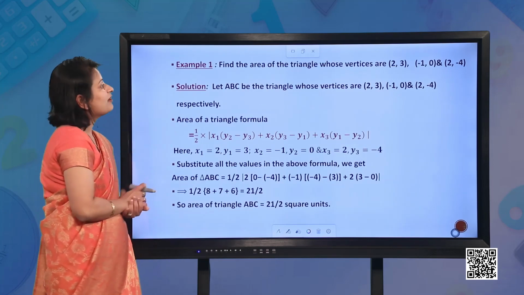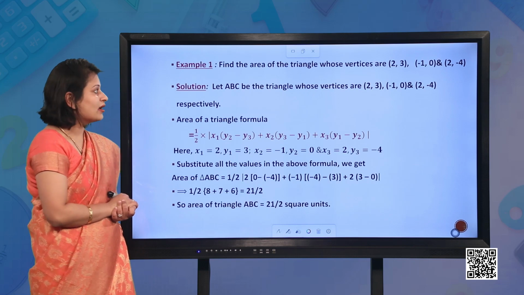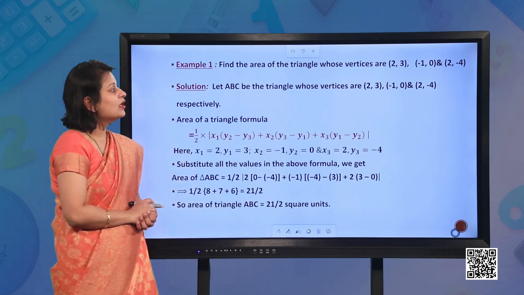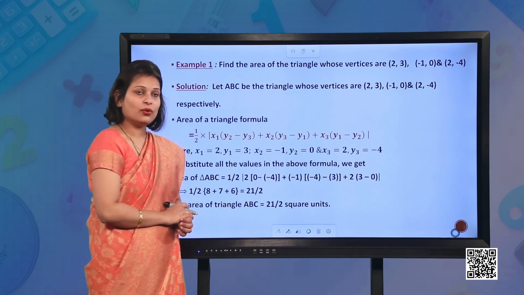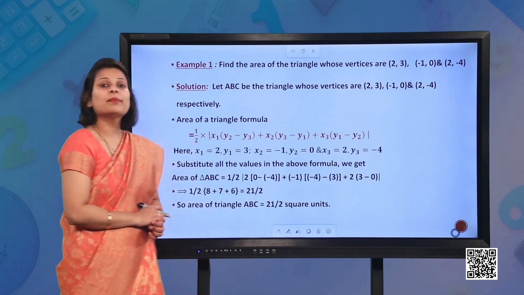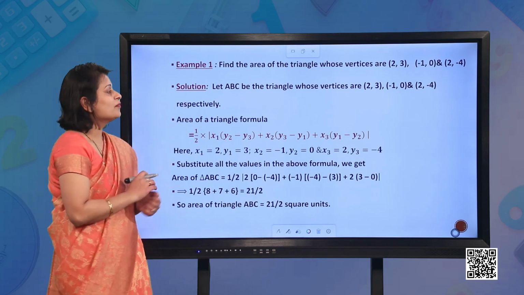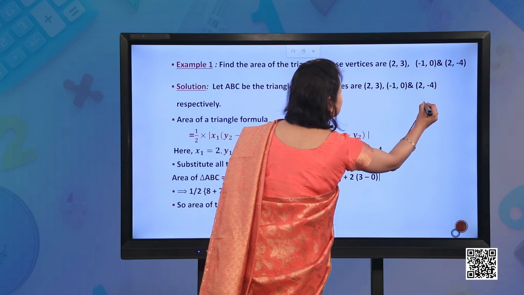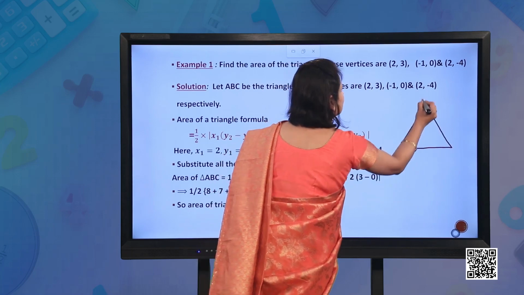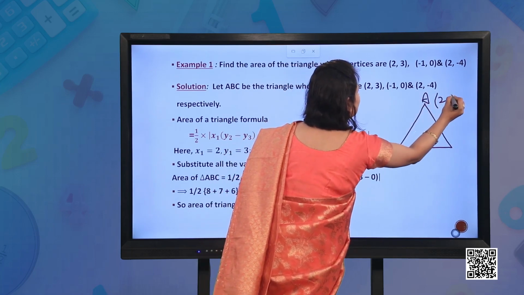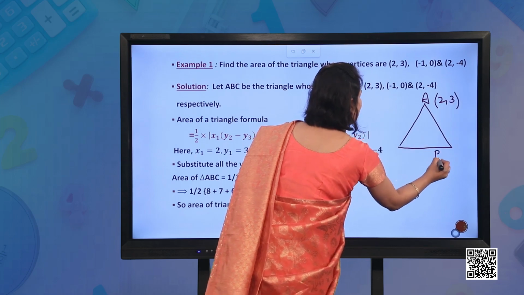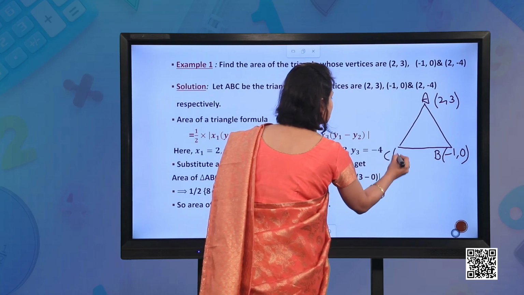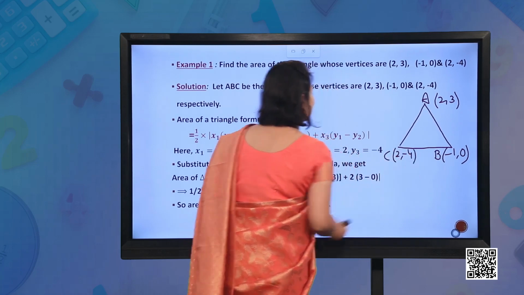Example 1. Find the area of triangle whose vertices are (2, 3), (minus 1, 0) and (2, minus 4). So, we have to consider a triangle ABC. A as (2, 3), B as (minus 1, 0) and C as (2, minus 4).